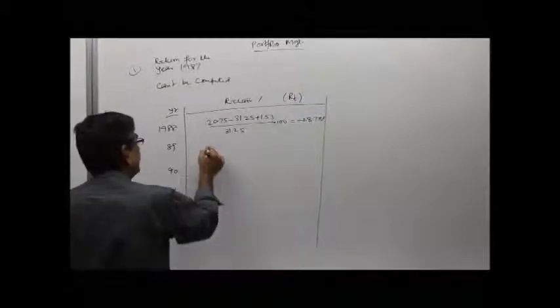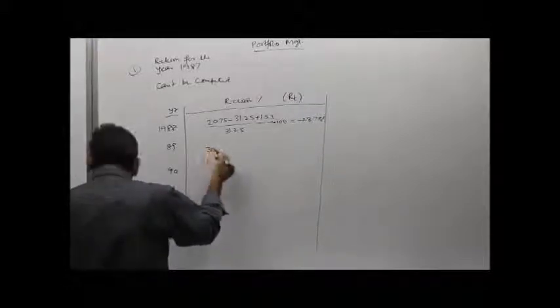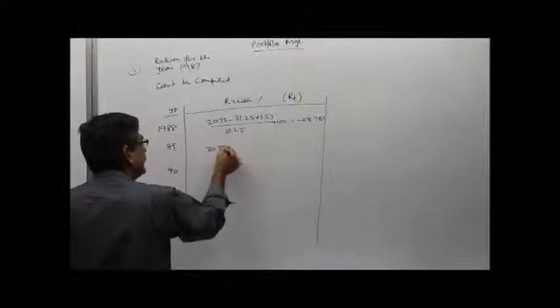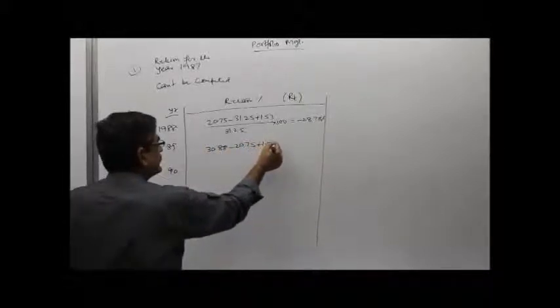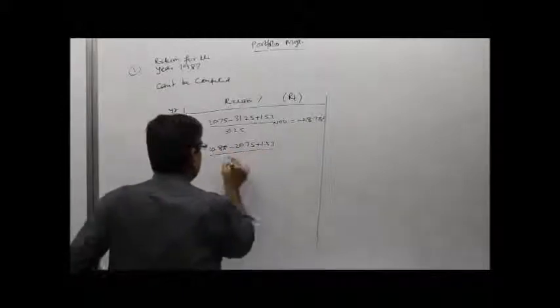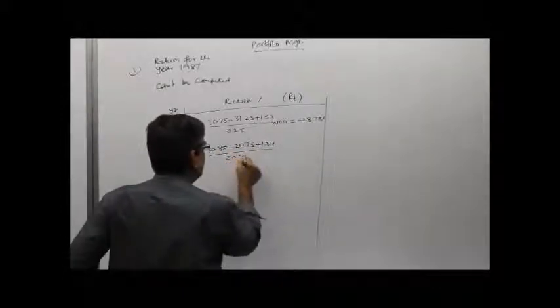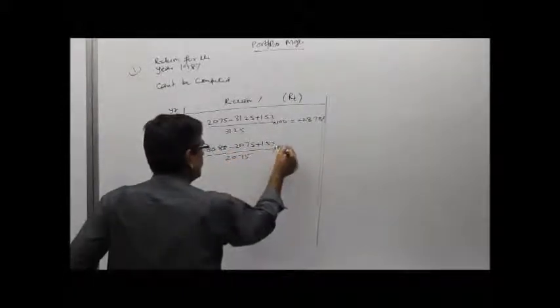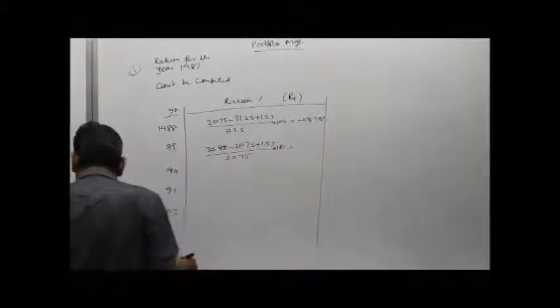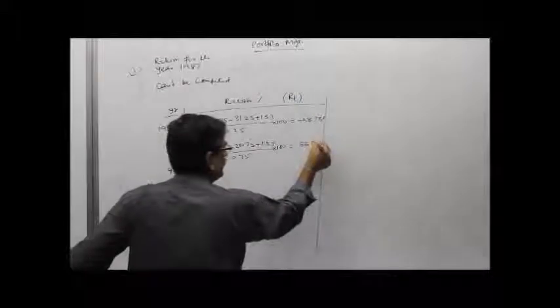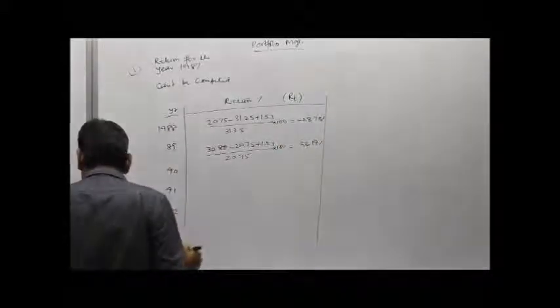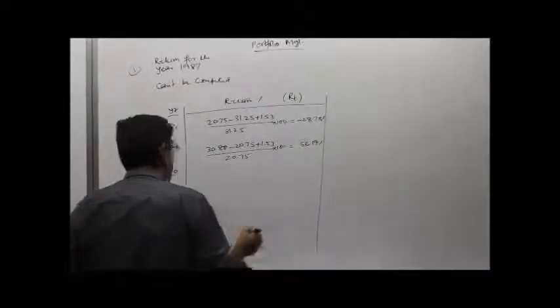For 89, it will be the closing price of 89, 30.88, less opening price, plus dividend, which is the same, divided by the opening price of 20.75 into 100. That gives us the return for the next year, which is 56.19%.